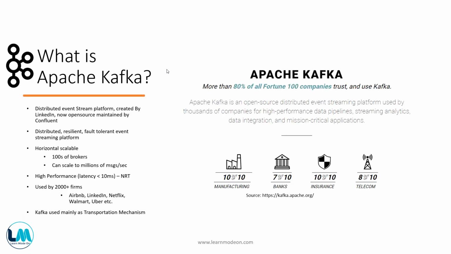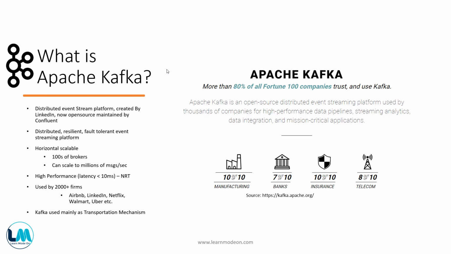So what is this Apache Kafka? Kafka is a distributed event stream platform, and it's created by LinkedIn. However, it's been open sourced and currently it's maintained by Confluent. Kafka is distributed and it has a resilient architecture, and it is a fault tolerant event streaming platform, and it is horizontally scalable, and it can have hundreds of brokers, and it can handle millions of messages per second.